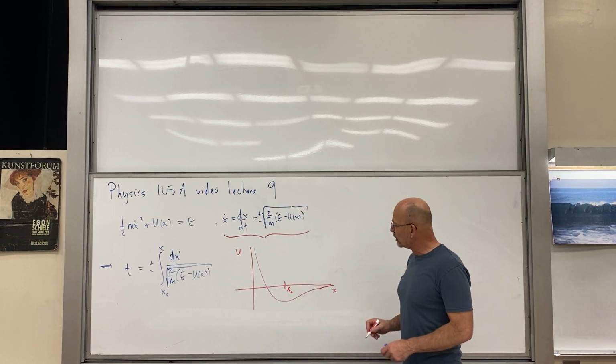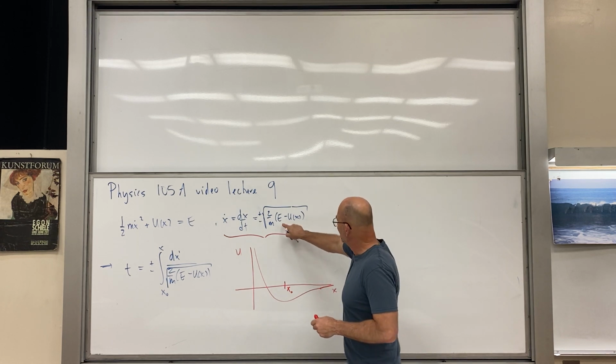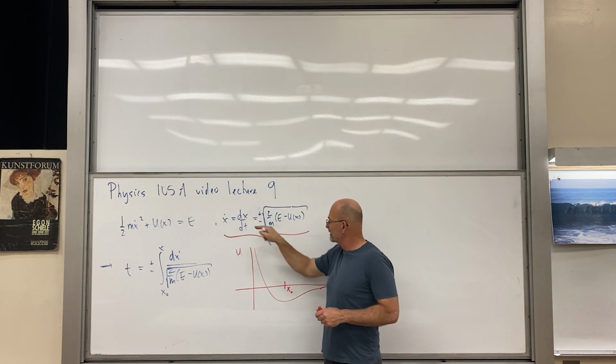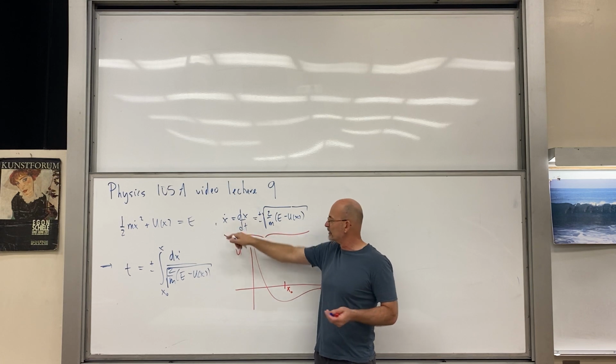So that's my local minimum now, and if my energy is equal to U of x, then this expression is 0, therefore the speed is 0, the velocity is 0.